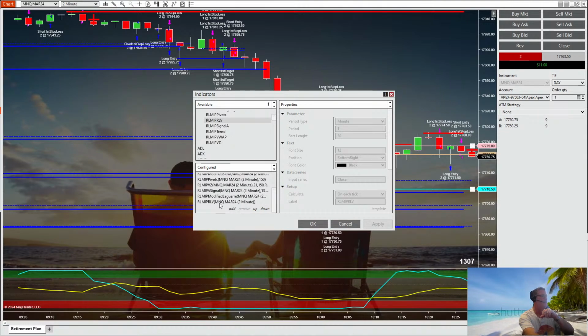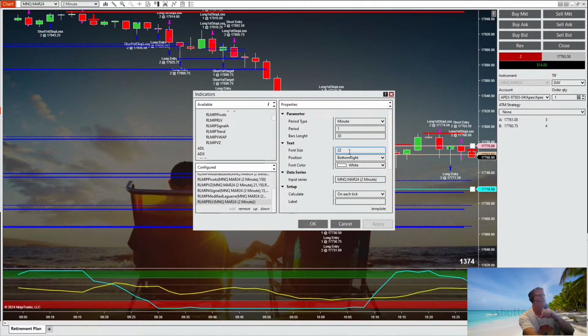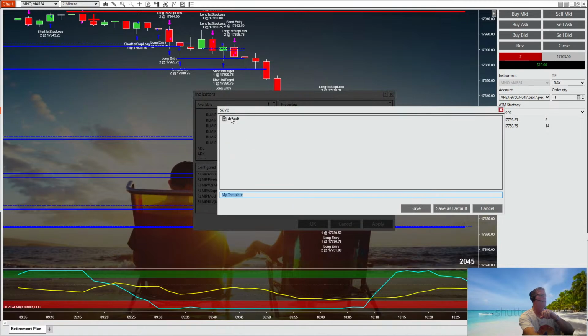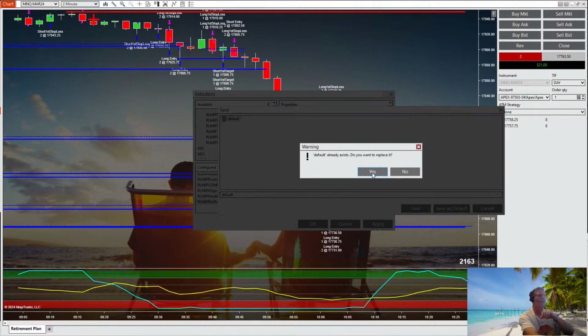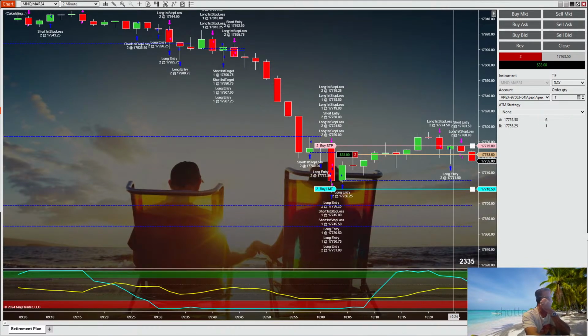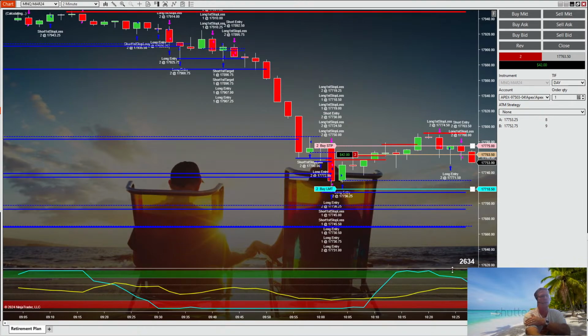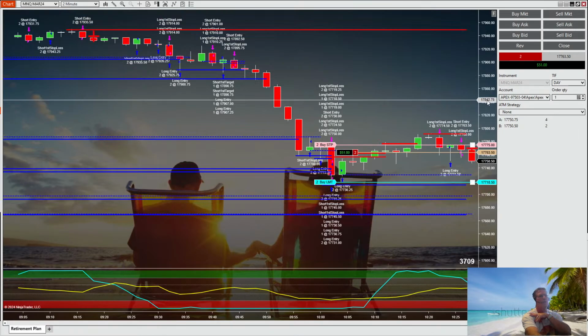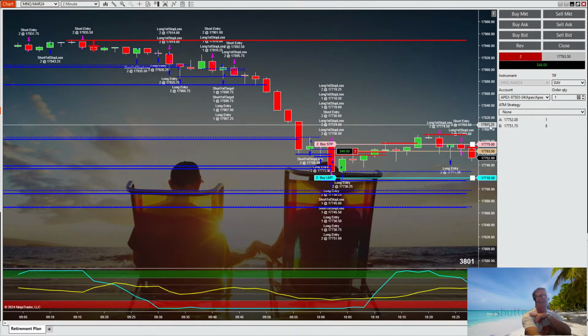And then what I've done here is I've put my font size at 22 and made it a white color. Then I can save that template for that indicator so I can load it on all my charts. So I can go to each one of my charts now, add that indicator, and then load that template for that indicator's settings.